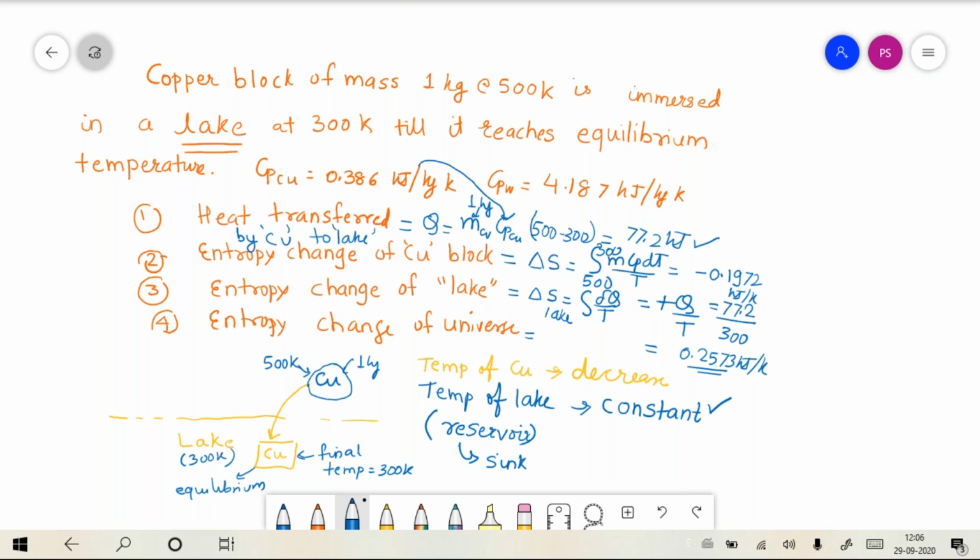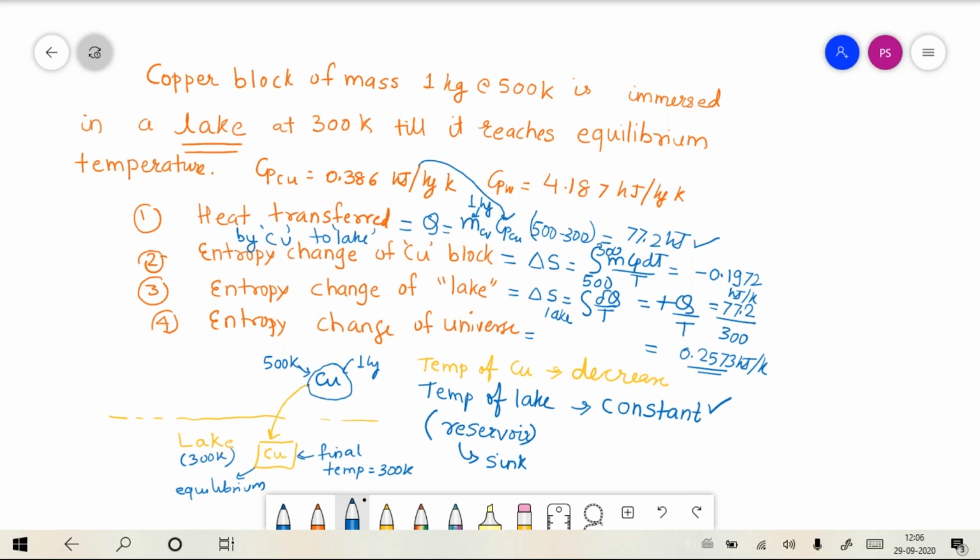Veda, Akanksha, your answers are correct. Sairaj, your copper calculation is correct. Gargi, what is the 200 Kelvin you have written? Vedant, yes, you're right.